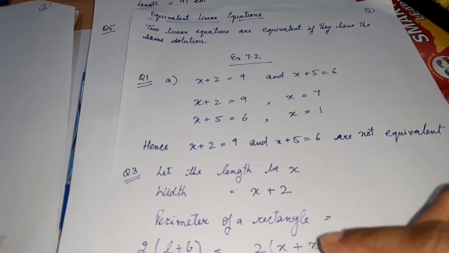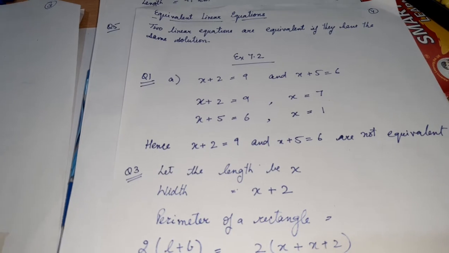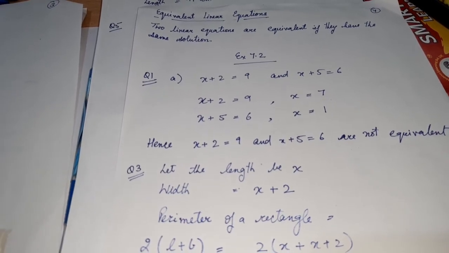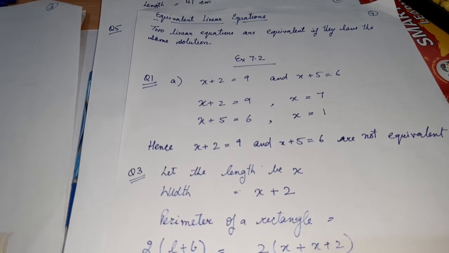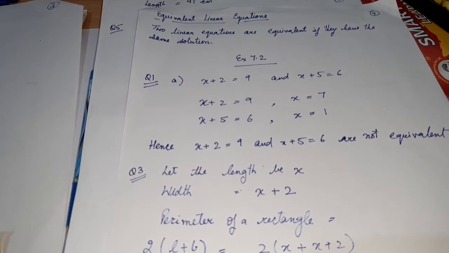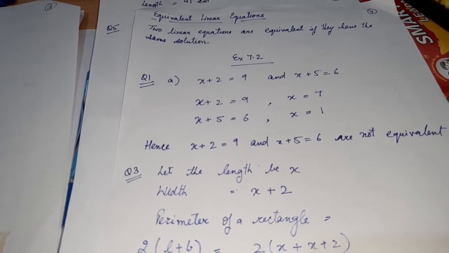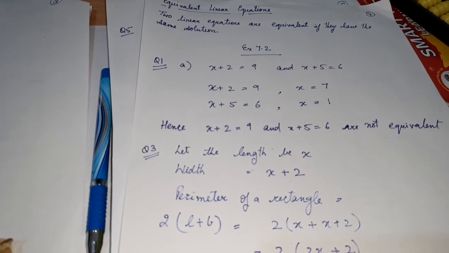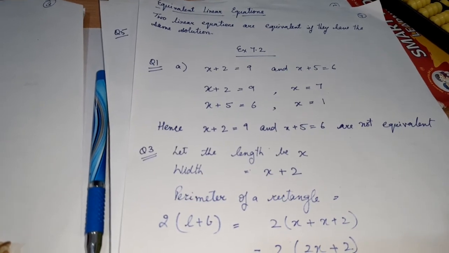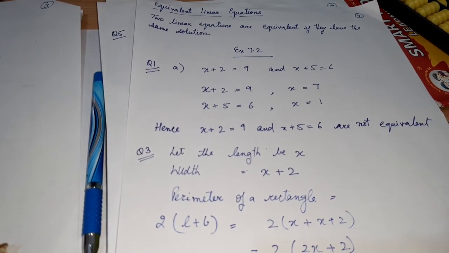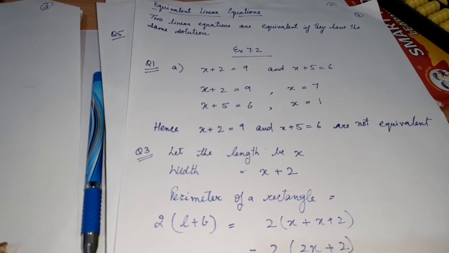Now question 3 is, the length and breadth of a rectangle are consecutive odd integers and the perimeter is 168 centimeter. Find the length and width of the rectangle.